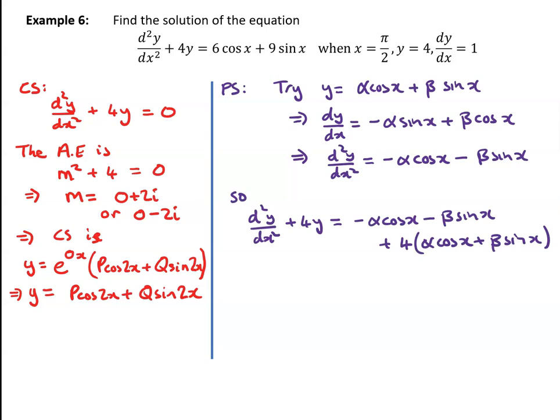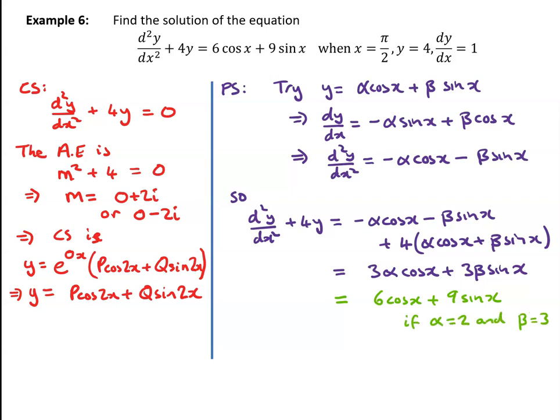So d2y dx squared plus 4y is minus alpha cos x minus beta sin x plus 4 lots of alpha cos x plus beta sin x, which simplifies to 3 alpha cos x plus 3 beta sin x. Now we want this to equal 6 cos x plus 9 sin x, so alpha must equal 2 and beta must equal 3.